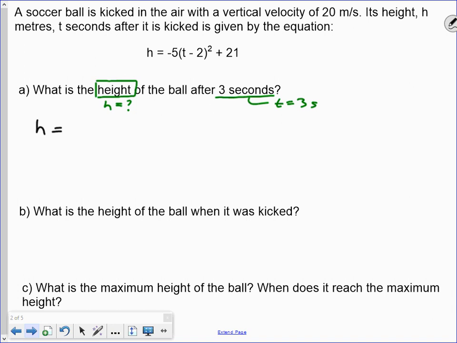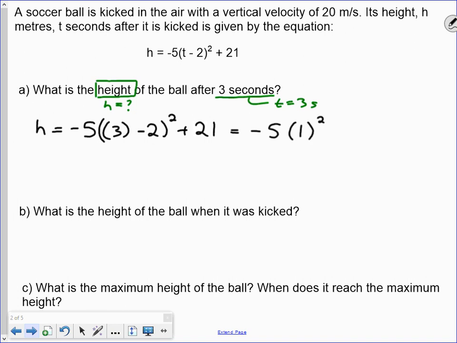So h is going to be -5 times (t minus 2) squared plus 21, and we're going to sub in our value for t, which is going to be 3 seconds. And now we just have to evaluate this. And we're going to evaluate this using order of operations. We're going to start inside the brackets there. 3 minus 2 is going to be 1.